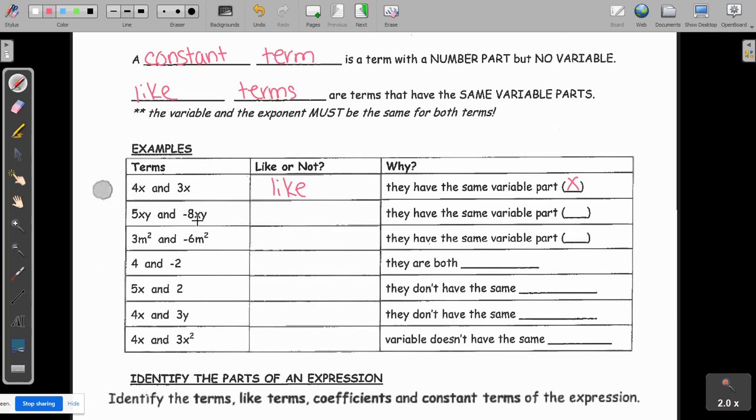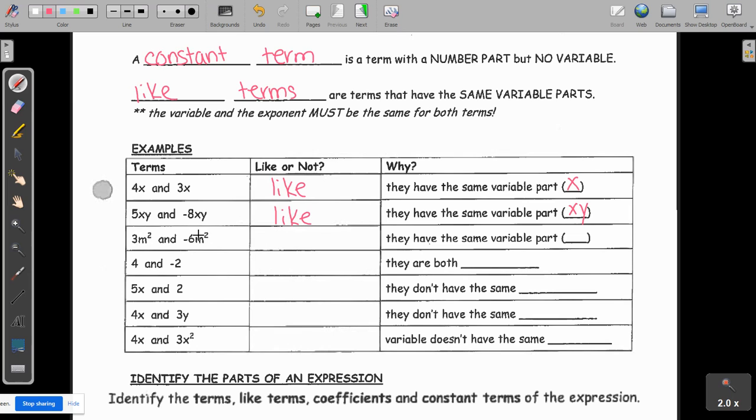5xy and negative 8xy. xy and xy, we can consider that as just saying x. So since they have the same thing, they are like terms. And they have the same variable part, which we consider xy. Here we have exponents, so we have 3m squared and negative 6m squared.